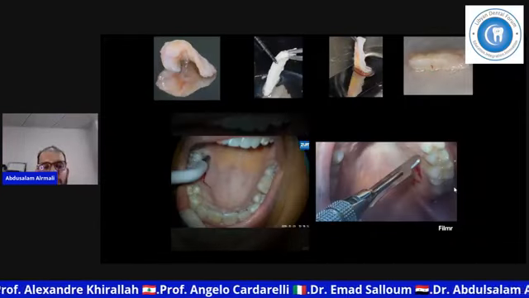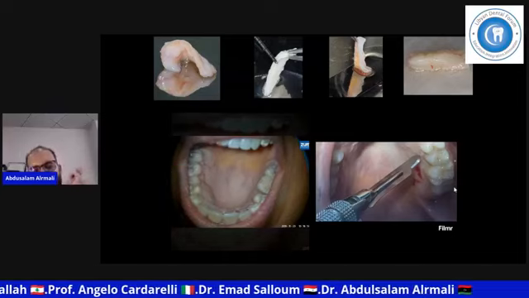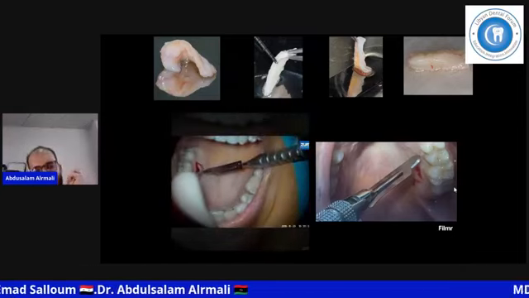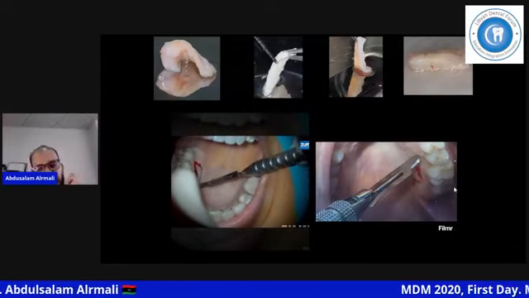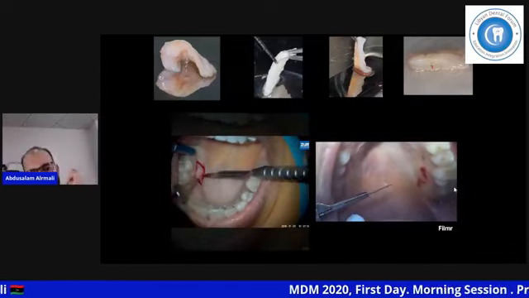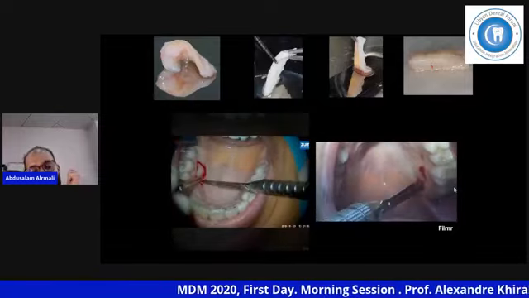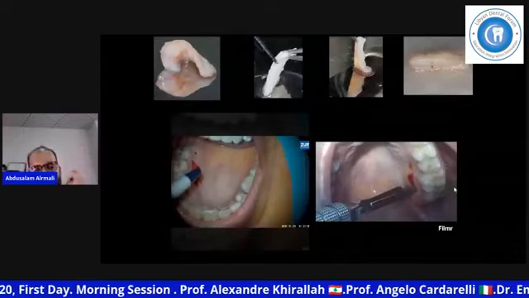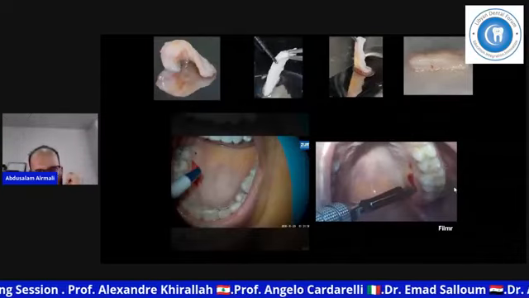So for the harvesting technique, it is better to go to the molar area, doing your incision first perpendicular. After that, you have to go parallel to the palate, harvesting a uniform thickness of free connective tissue graft, and deepithelialize this graft outside the patient's mouth.